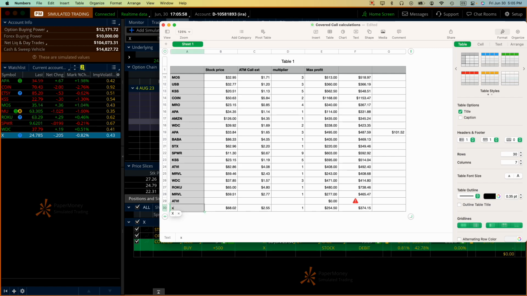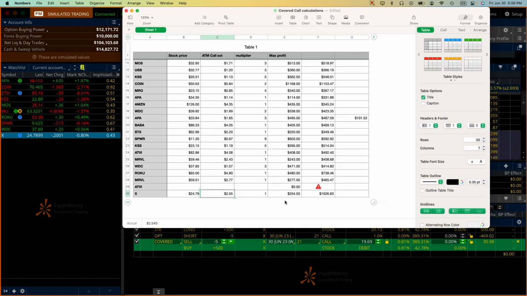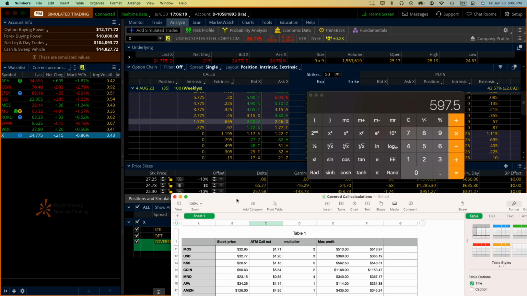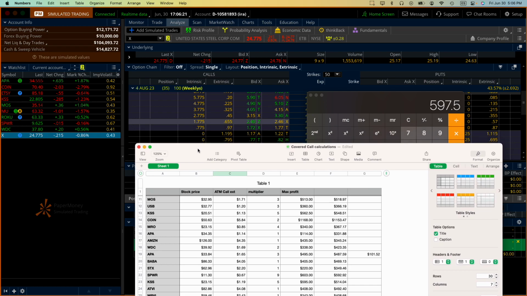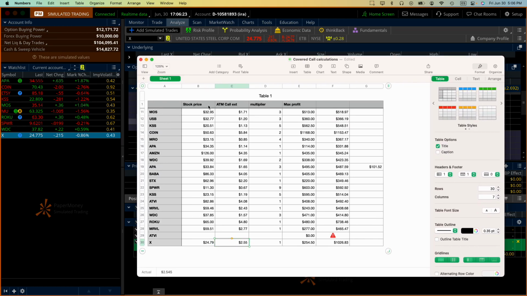I put X here to figure out if the option is worth selling. 24.785. Then what is the ATM, at the money call, and I just told you what the price was, $1.95.